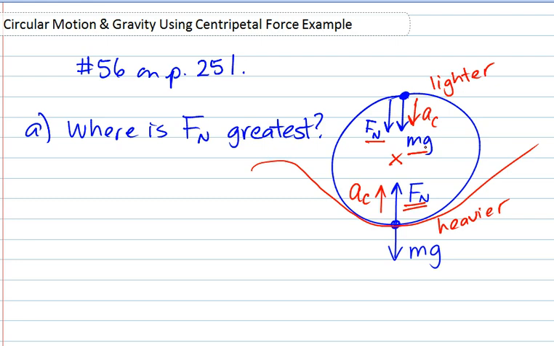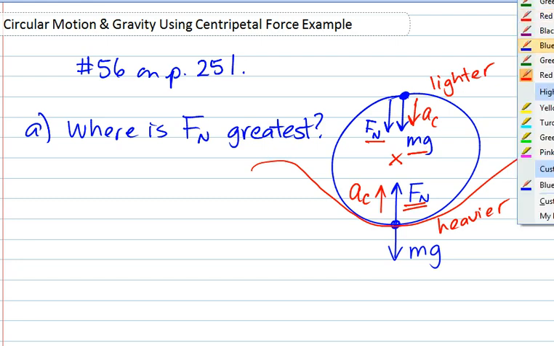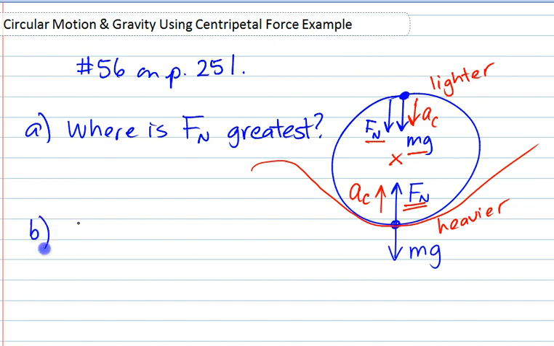In the second part, we'll actually calculate the normal force at each point. So in part B, we're going to find the normal force at both the top and the bottom.